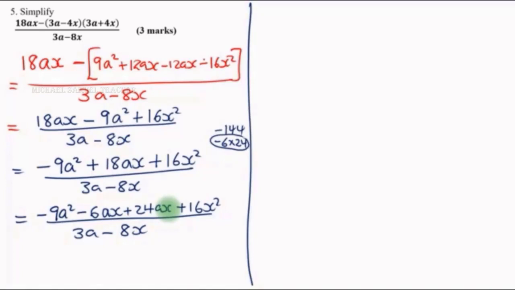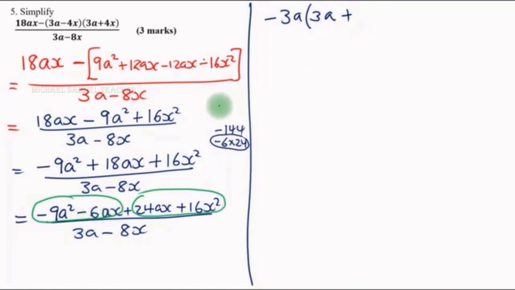So from there, now we factor it out. So we take this part in pairs, and also the other one in pairs. What is common here is minus 3a, factor out. Minus 9a squared divided by minus 3a, we get 3a plus, minus 6ax divided by minus 3a, we get plus 2x, close the bracket, plus the other part, 24, 16, what is common? 8 is common and x is common, so 8x.